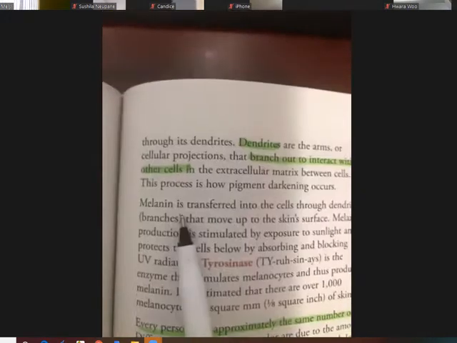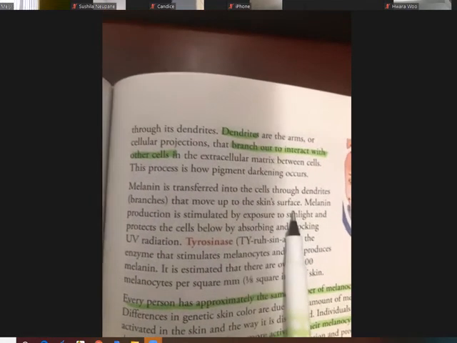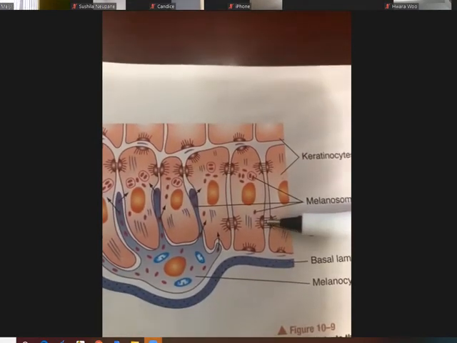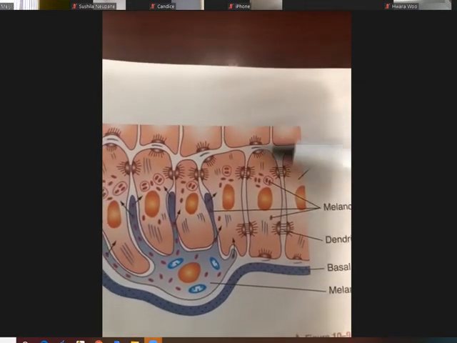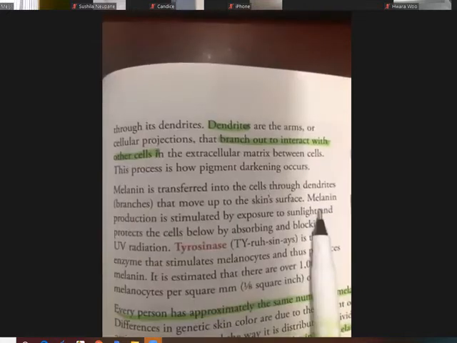So melanin is transferred into cells through dendrites and then moves up the skin. Okay, the melanin also passes through here and keeps going up. Now melanin production is stimulated by exposure to sunlight.